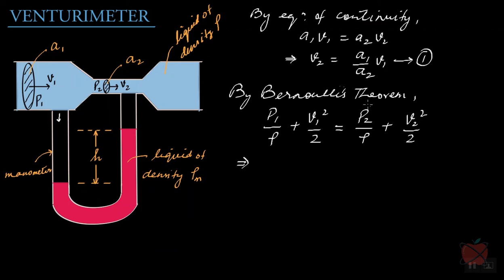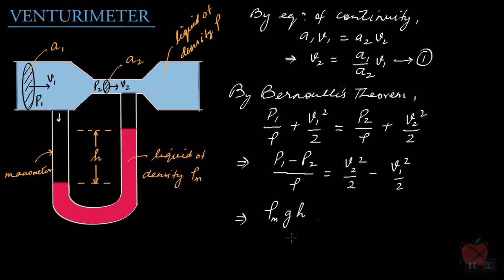Let's take this part to the other side. I will get P1 minus P2 by rho equal to V2 square by 2 minus V1 square by 2. But this P1 minus P2 is the pressure difference between these two points, and that is nothing but rho1 mgh, divided by rho.